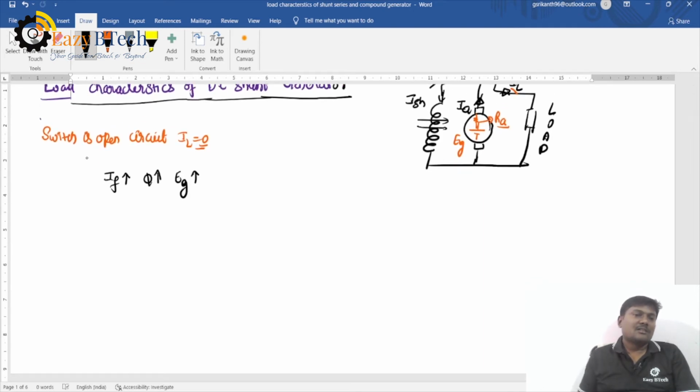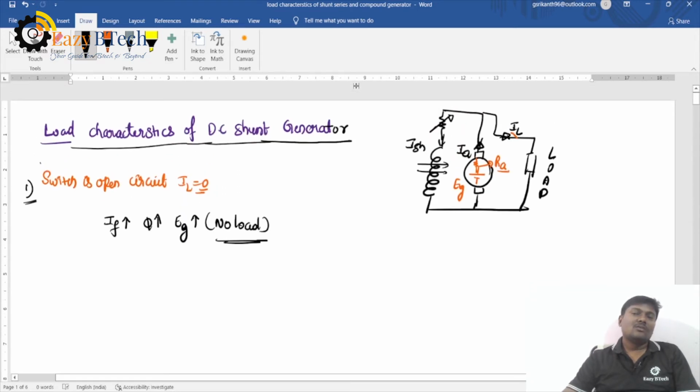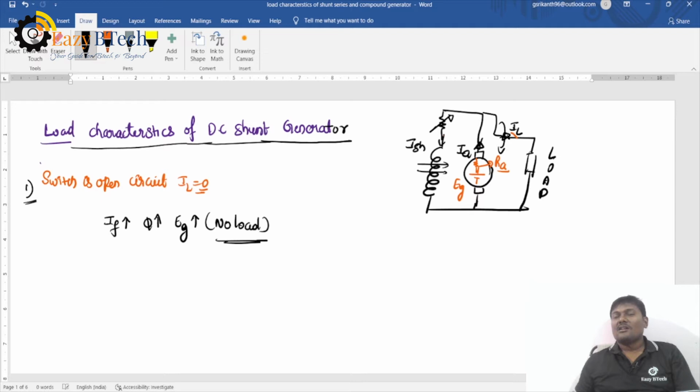This is the first step. During this condition, the switch is under open circuit condition, and we can say that it is a no load condition. Once the load switch is closed, you can increase the load.